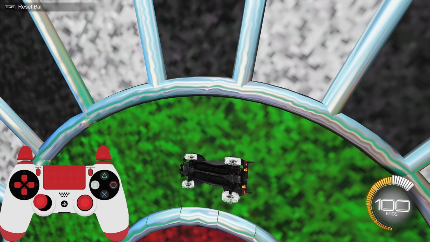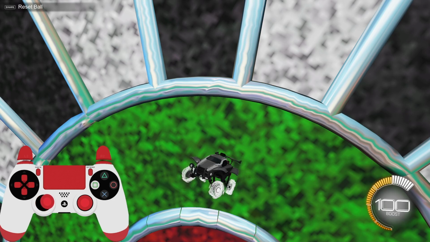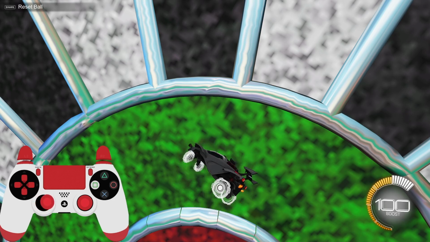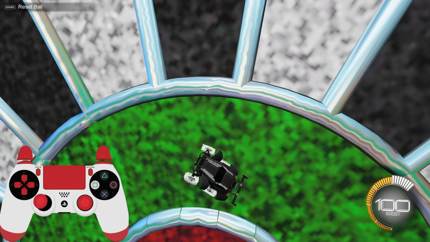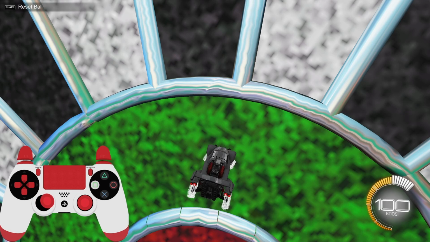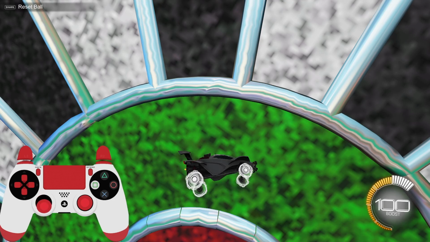Now I can switch direction just by doing the counterclockwise inputs of the stick. So I'm doing counterclockwise stick inputs only, and I can do clockwise and counterclockwise spins around.